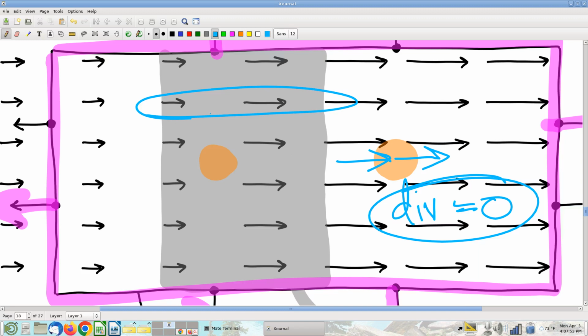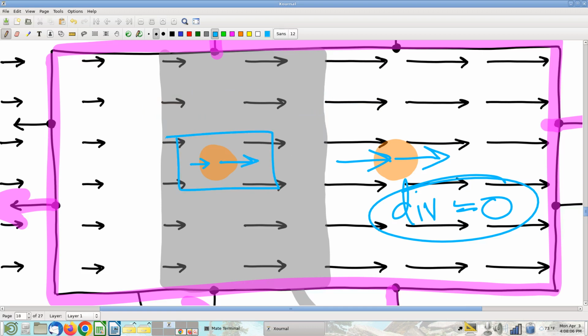So the amount of flux in on the left is a little less than the flux out on the right. In the net, there's a positive outward flux out of that little orange region. This is evidenced by the value of the divergence. If you were to compute the divergence in this gray region, it would be positive.